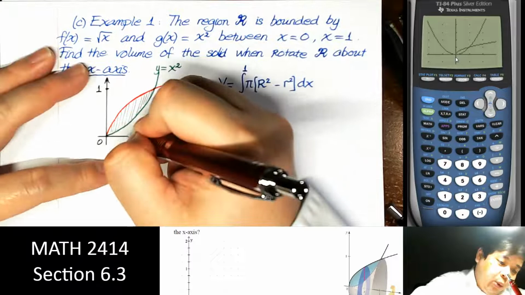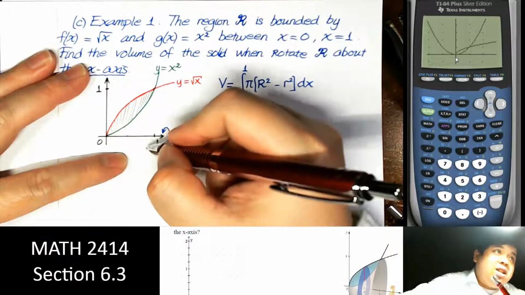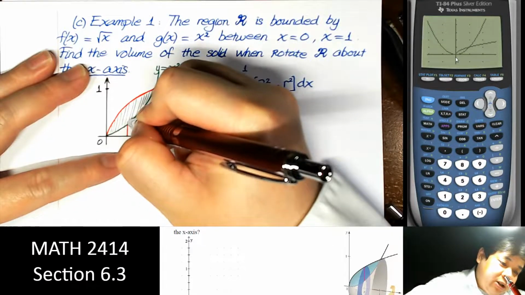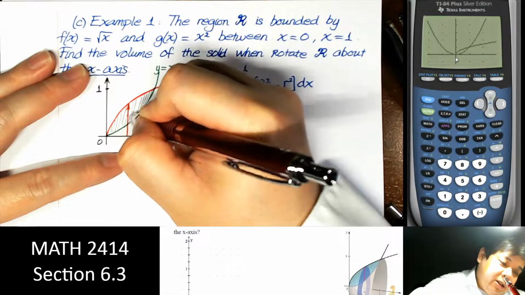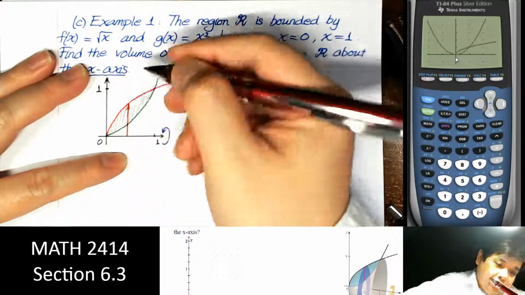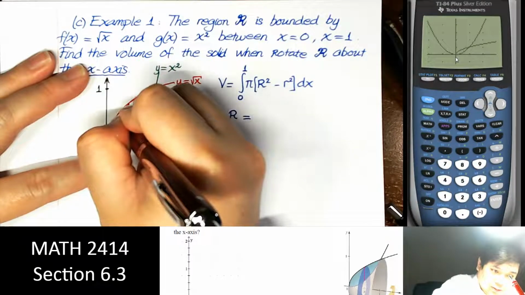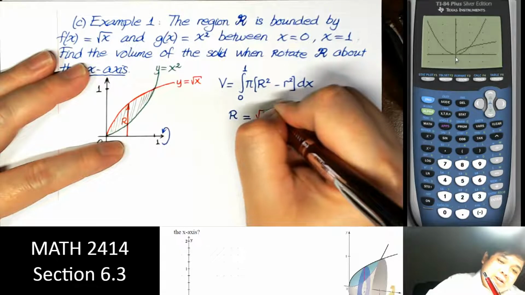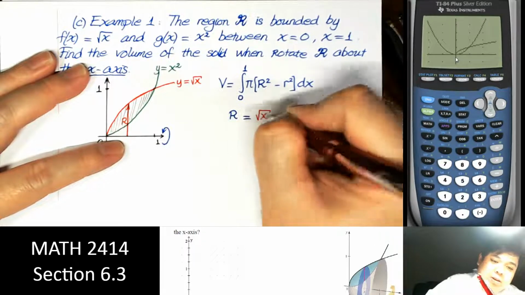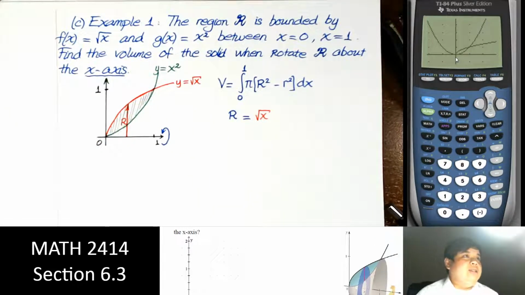So we go from the axis of rotation to the edge. So that is the big radius, from 0 to square root of x.